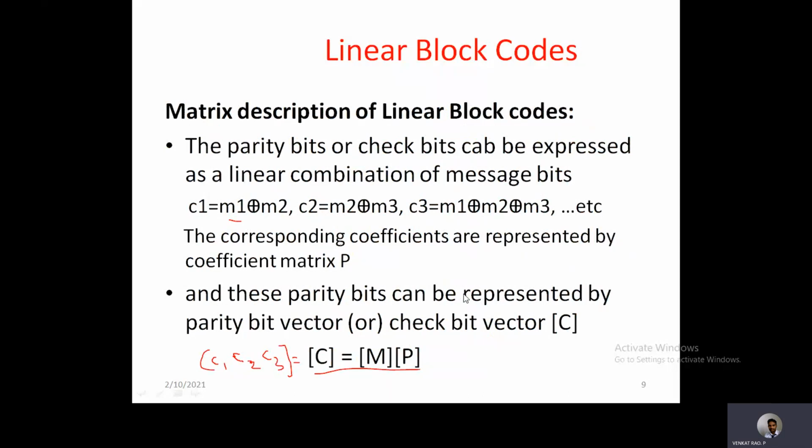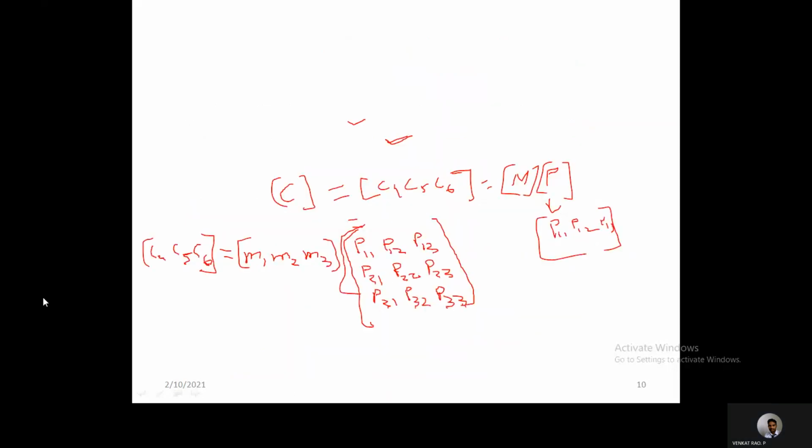These parity bits can be represented by a check bit vector or parity bit vector, which is equal to M into P. So when you multiply message bits with the coefficients, these equations are automatically obtained. For example, let the message bit elements be M1, M2, M3, because after message bits only parity bits will come.